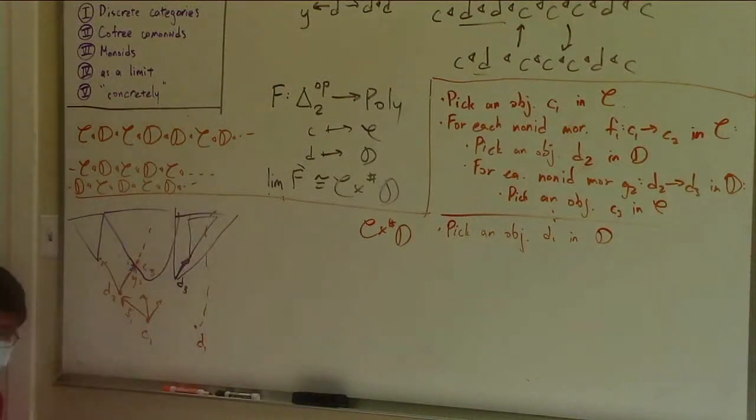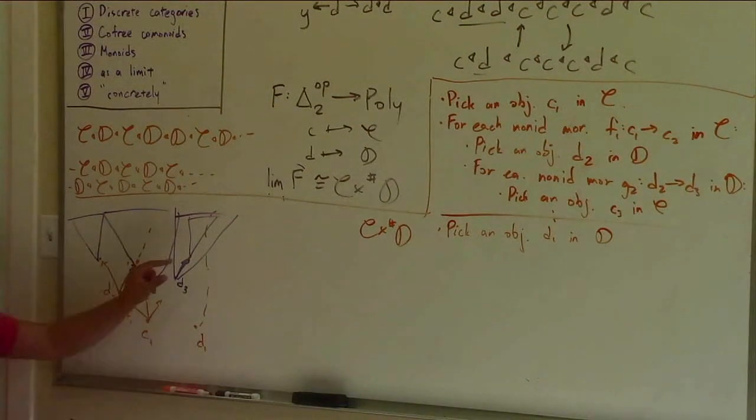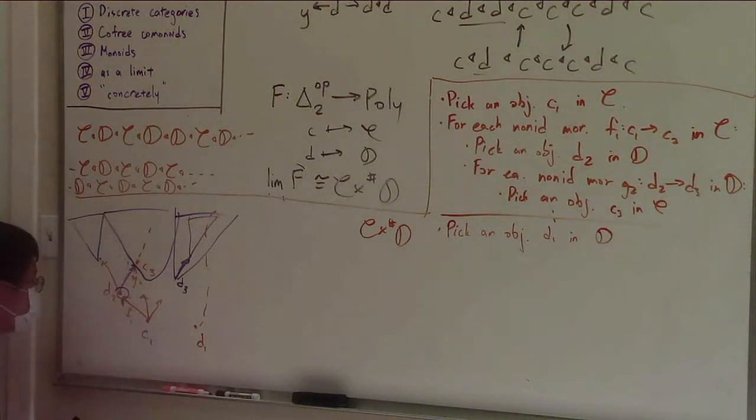The only issue, though, is if it's an identity morphism. If it's an identity morphism, we actually stay here, and it's going to be the same thing, except you do the same process, but instead of using G2, you use this F1 here.